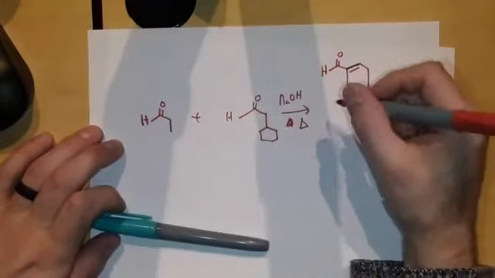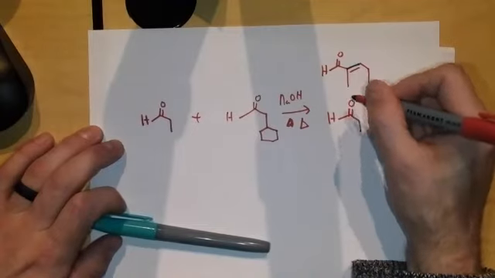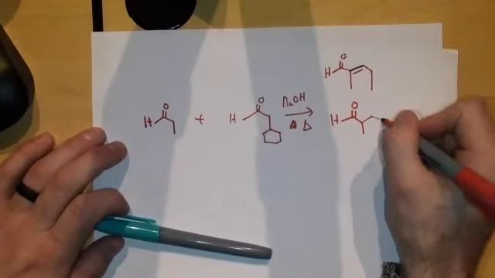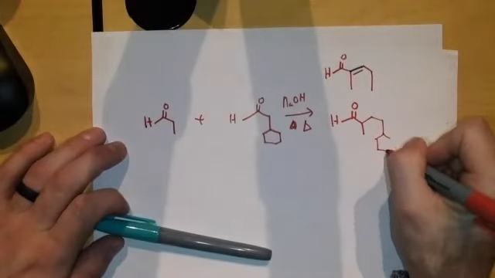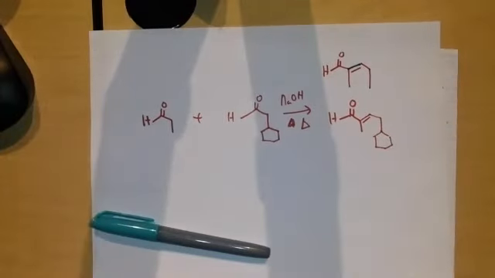If it attacks our other aldehyde, it's going to make a bond to it. We originally had an alcohol, end up with a double bond there.